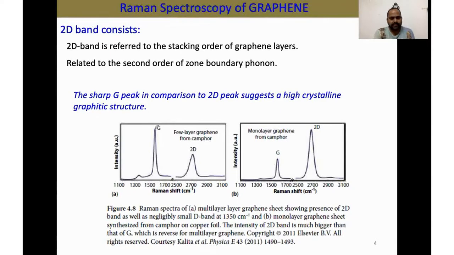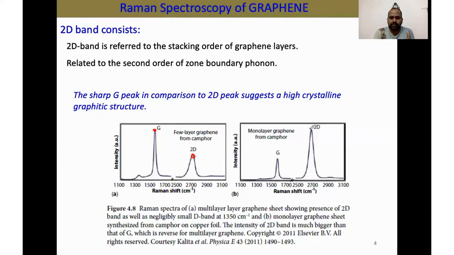So see the reference. This is the few layer graphene. In case of few layer graphene, this G band is very intense. However, there is a 2D band, and if we have a monolayer graphene sheet synthesized from copper foil, the intensity of 2D band is much higher than that of G, which is reverse for the multilayer graphene.